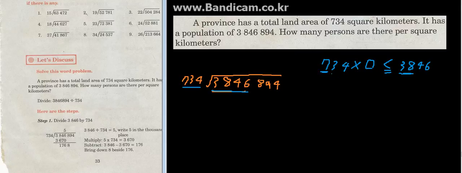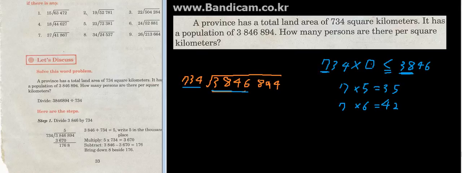So we look at 7 and 38. I think we can put 5, because 7 multiplied by 5 is 35, and 7 multiplied by 6 is 42.